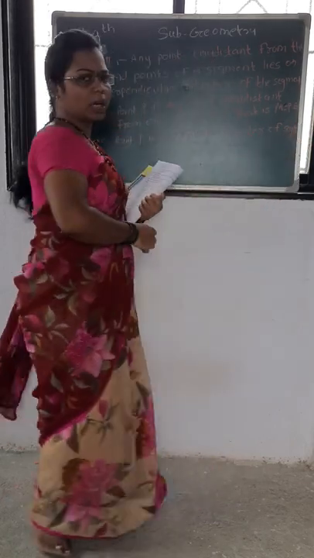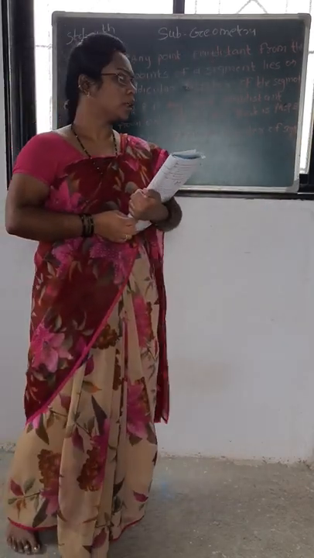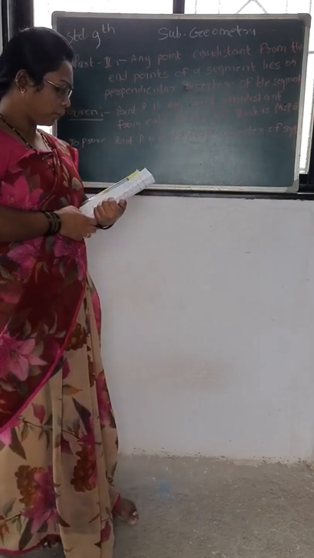We have to prove that point P is on the perpendicular bisector of segment AB.